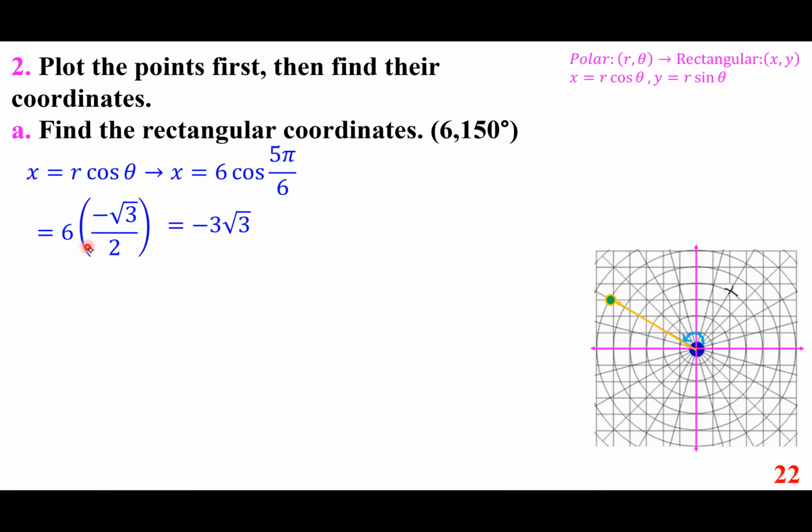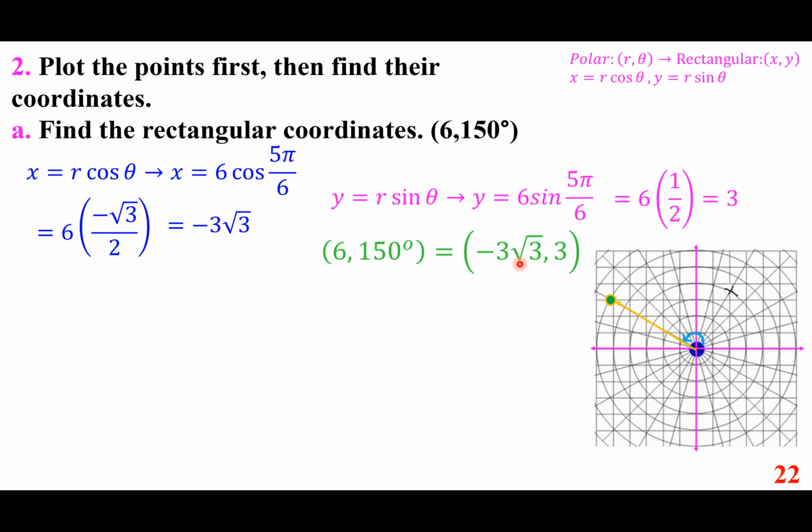Y is r sine theta. Now, sine of 5 pi over 6 is the same as pi over 6, but it's still positive because in the second quadrant, sine is positive. So sine of pi over 6 is 1/2, so 3. Therefore, this pair with coordinates r, theta is the same as this pair with coordinates x, y.